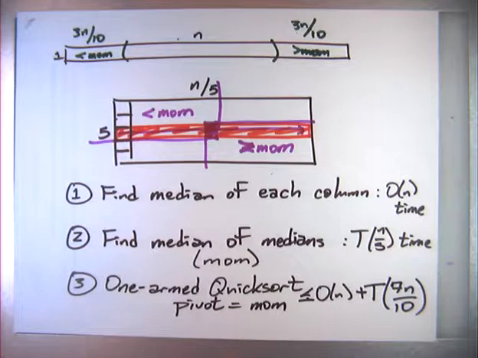Now, again, step 2, where I find the median of those n over 5 medians, that's recursion. One-armed quicksort, where I do the partition and then I do selection in one side or the other, that's recursion. The first step, when I'm finding the median of each of those columns of size 5, that's not recursion, that's brute force.